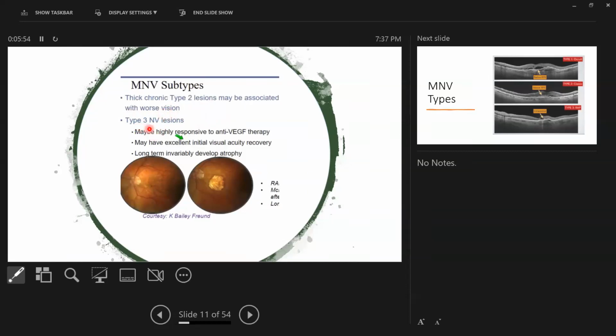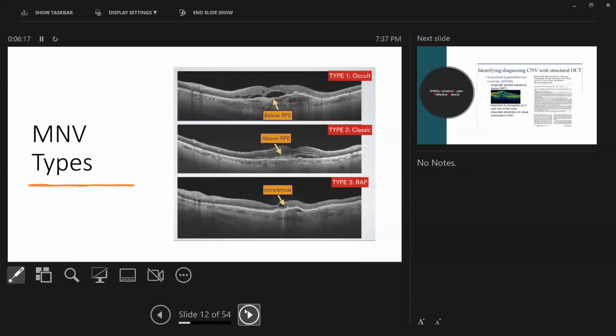And if we get type 3 MNV, it usually initially responds to anti-VEGF excellently, but in the long term, we get atrophy. So this is very important. If you treat a patient with type 3 MNV, you have to predict that at some point you will end up with atrophy. So you have to inform your patient about this progress.